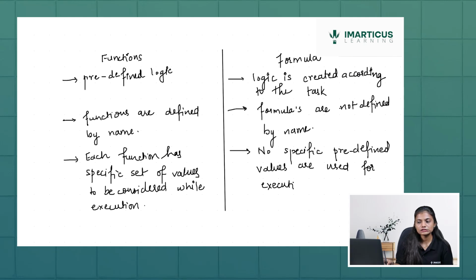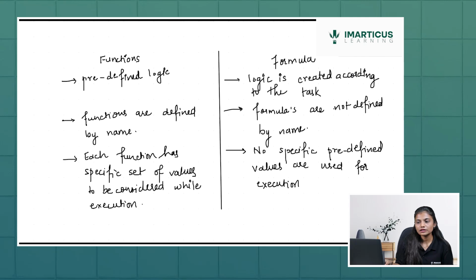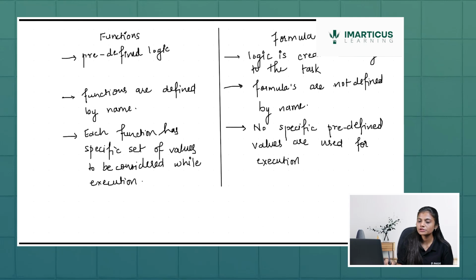And functions can be with arguments or without arguments. Meaning a function can run with a value or without a value, but a formula is going to run with a value only. A function can execute with or without any value.